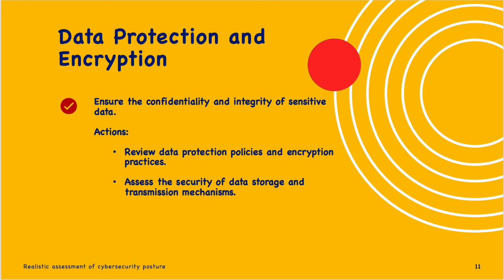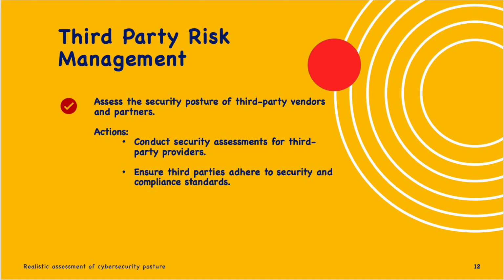So let's jump on to the next step, third-party risk management. Managing third-party risk is crucial for organizations to ensure the security and resilience of their operations, data, and systems. For doing this, again, they need to do the risk assessment and due diligence.